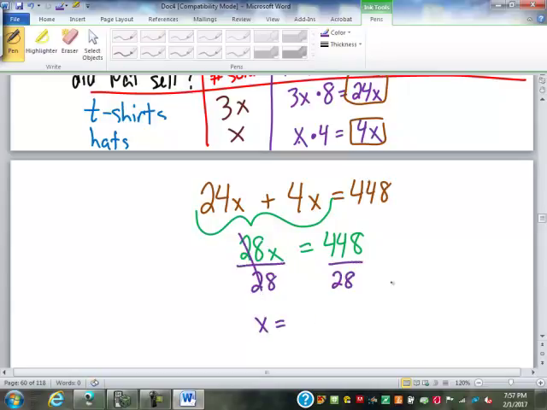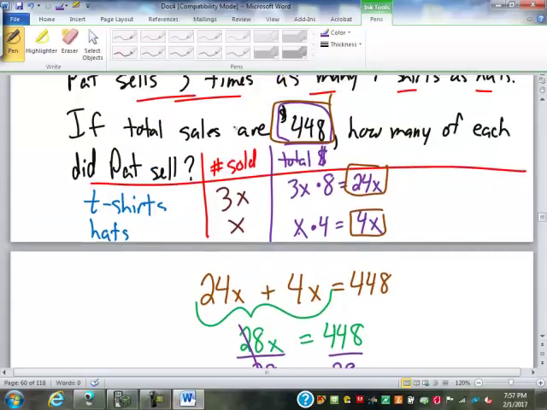So X equals 16. Good. Now we have to make sure we answer the question. X is the number of hats. So 16 is the number of hats. 3X is the number of t-shirts. 3 times 16 is 48 is the number of t-shirts. We were asked how many of each did Pat sell, so that is what we're looking for.